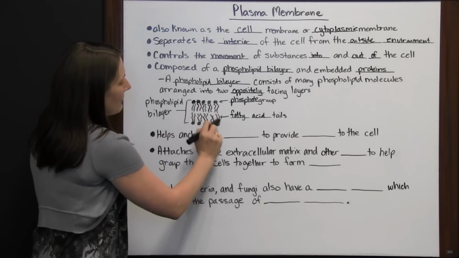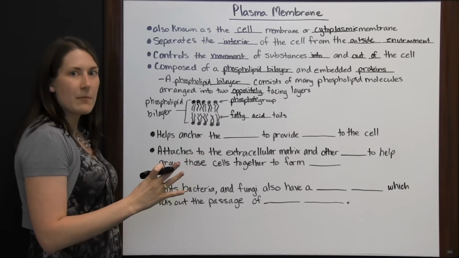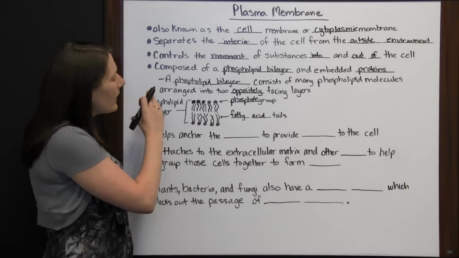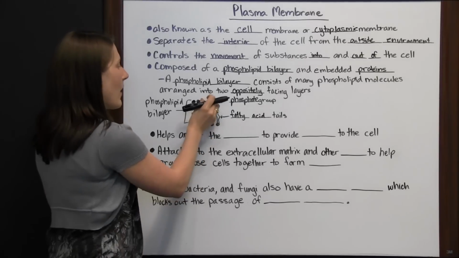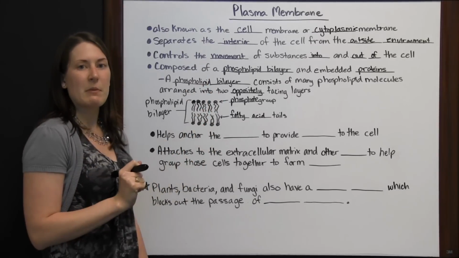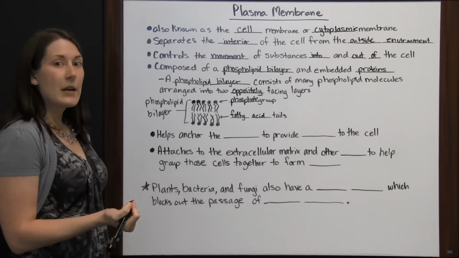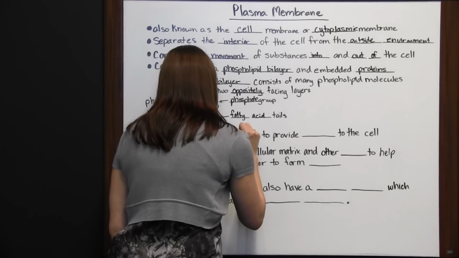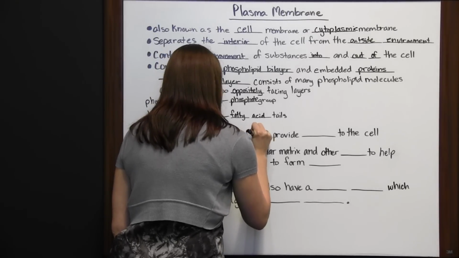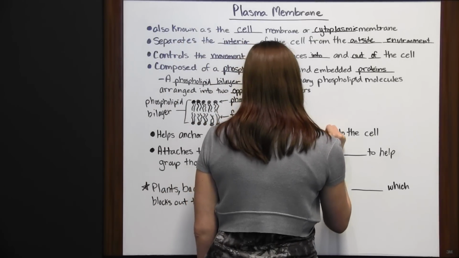And these phosphate groups facing out bunch together and they repel some things. So they're going to repel what the plasma membrane wants repelled, and then they'll kind of open up and let through what the plasma membrane wants to let through. The plasma membrane also helps anchor the cytoskeleton to provide shape or structure to the cell.